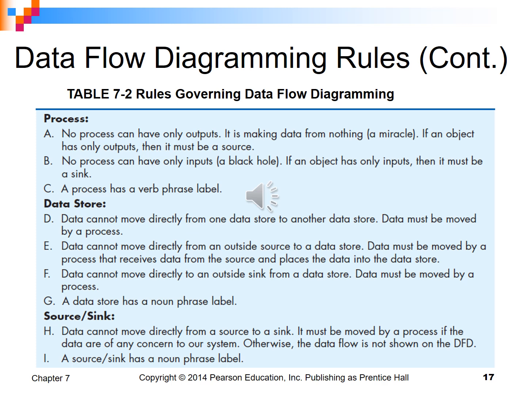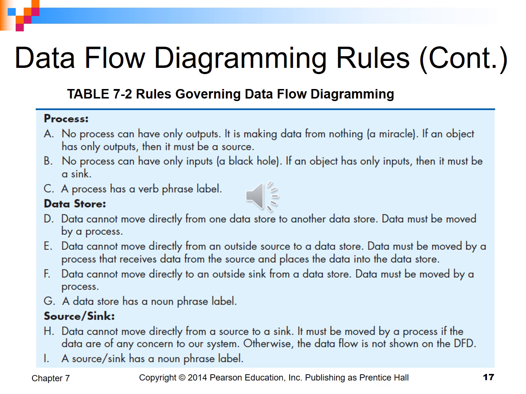If an object has only output, then it must be a source. No process can have only input. A black hole is like when you call a program and an infinite loop goes there and it never comes back, never sends you anything in return.